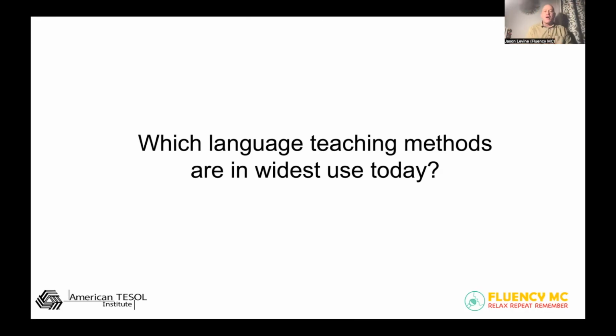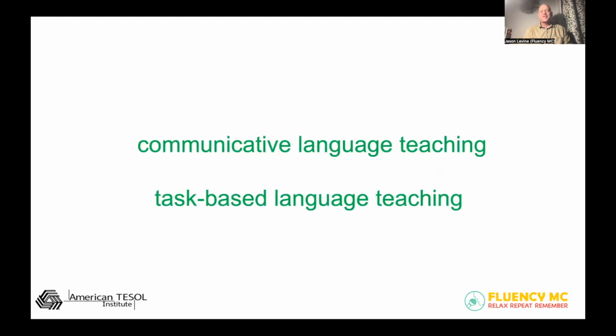However, are there teaching methods that are in wide use today? I think we can safely say communicative language teaching and task-based language teaching are the most used, and for good reason, because I think they best incorporate what the others did well when they do well, right?